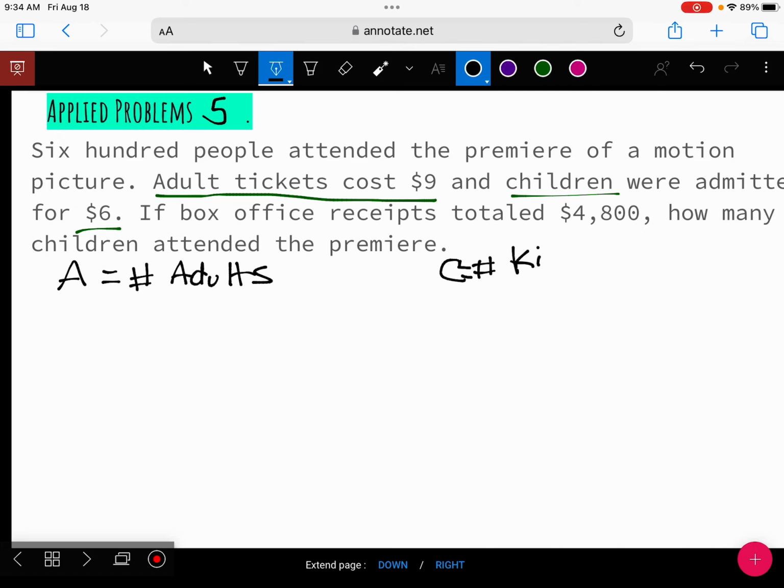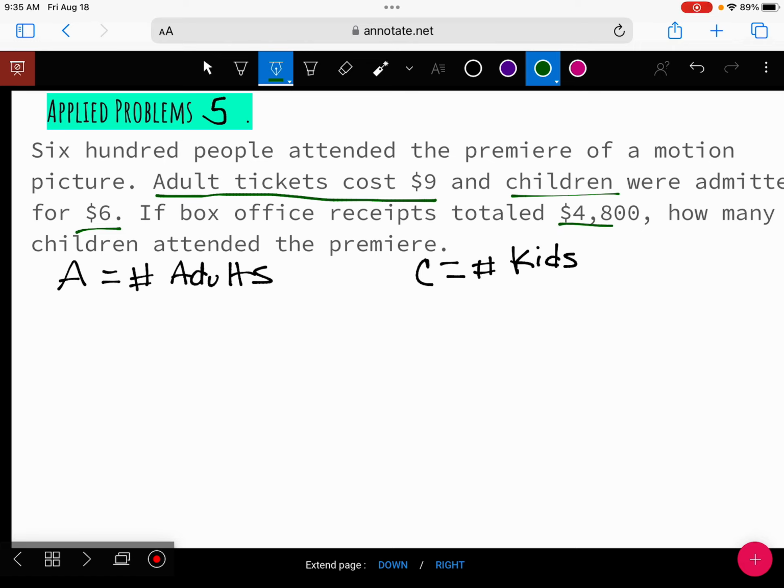That is, in fact, the number symbol, not a hashtag. Since we don't know anything about either the adults or the kids, we're going to need 2 variables.